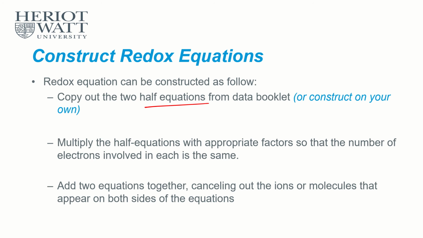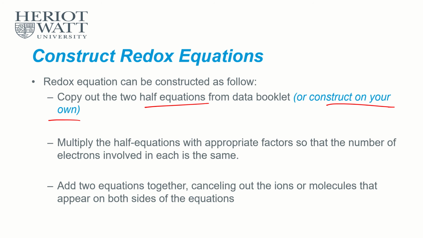This page gives you all the commonly used half equations. Some equations you might not be able to find there, but most of them are there. So first, you just copy from the data booklet. Or in this case, you're supposed to learn how to construct them on your own.